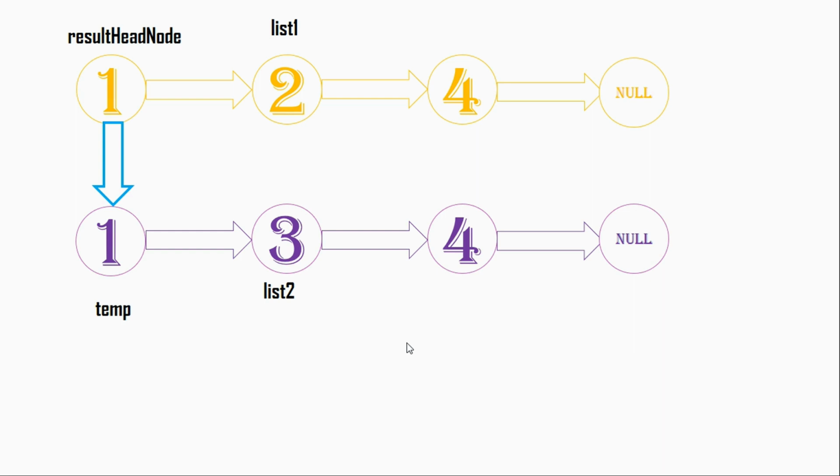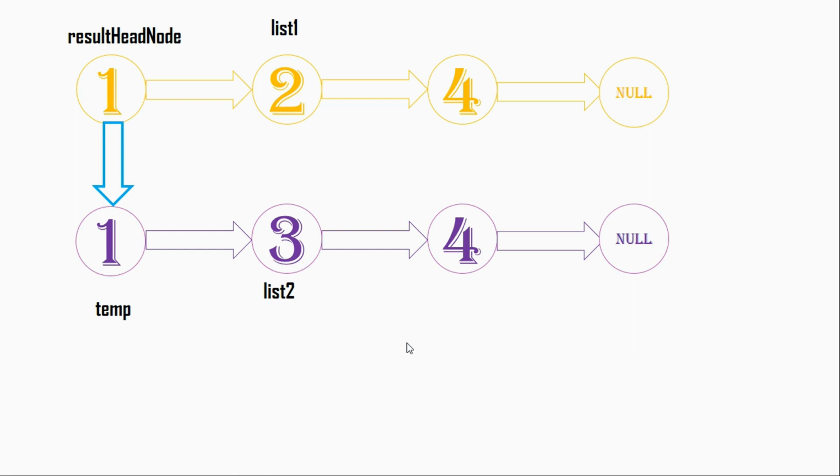Now again list 1 and list 2 are not null. Then we will check whether list 1 node value is greater than list 2 node value. So here list 1 node value is not greater than list 2 node value.